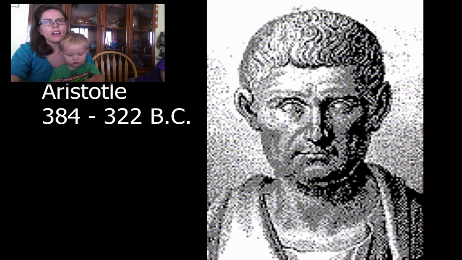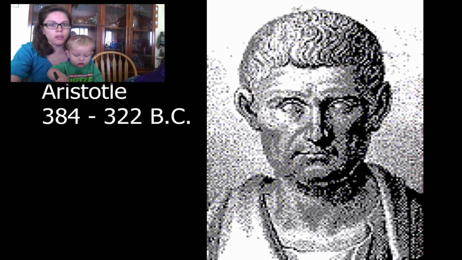Aristotle's idea was that there's a resting place for everything. Heavy things, like books or rocks or people, would have a resting place on the ground, and light things like smoke would have their resting place up in the sky. So everything was looking to achieve its natural resting place.